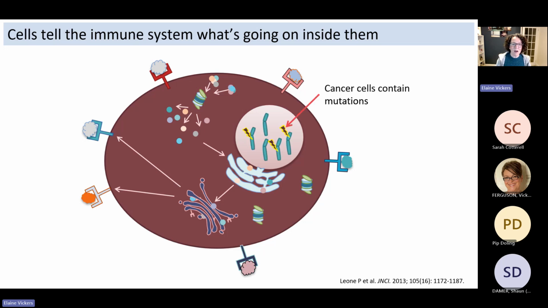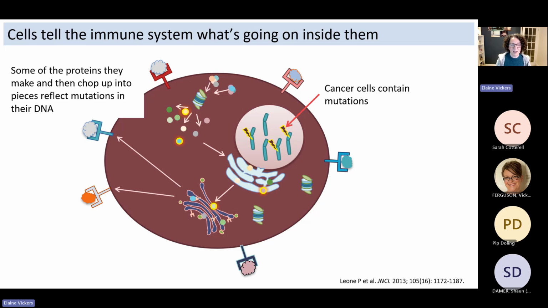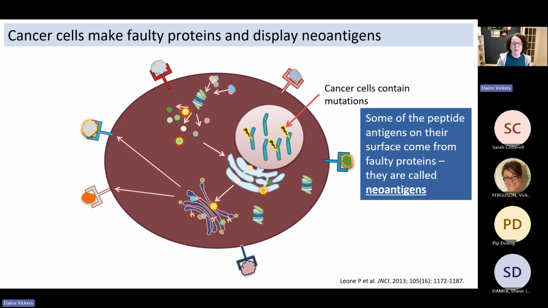Cancer cells, slightly differently, contain mutations in their DNA. Because cancer cells contain mutations in their DNA, they're making mutated proteins. Those mutated proteins get recycled through the proteasome system, just like all the other cells' proteins. Tiny fragments of those mutated proteins might end up displayed inside the MHC cups.